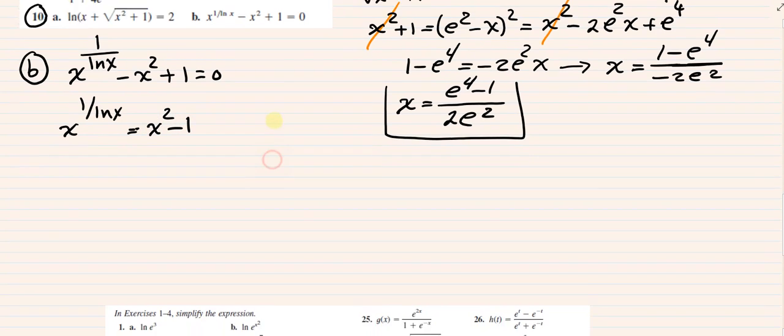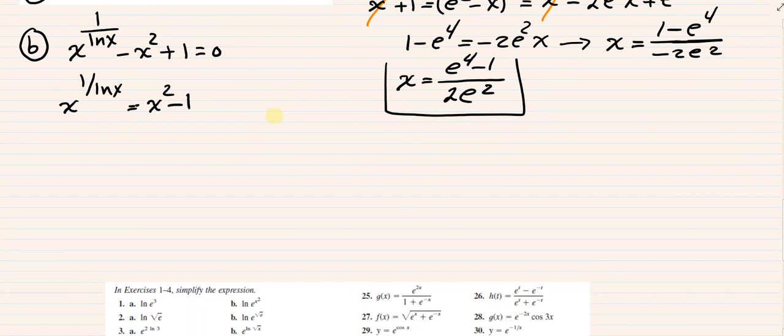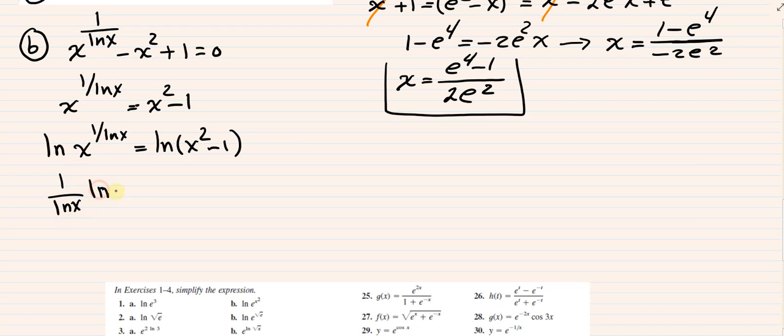Now at this point I'm just going to take the natural log of both sides. Okay, this is what I mean. Take ln of x to the power of 1 over ln of x equals ln of x squared minus 1. That's what taking the natural log of both sides means. Now again, ln of x to a power, we can bring the power in front of the log, and that's just ln of x.